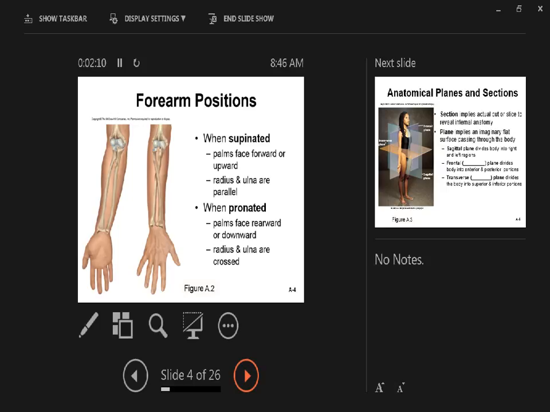Okay. Here, forearm positions. So what's the anatomical term for forearm that you may see on your test? You stop answering. Let somebody else. Antebrachium, right?